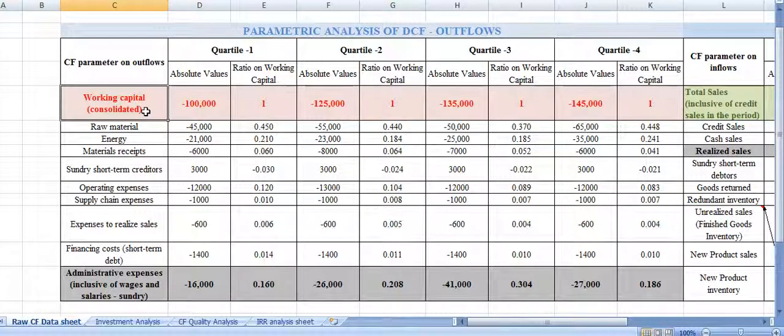Now I come back to the statement. The statement is consolidated, primarily because in a typical fund flow analysis, there are some components which might not make their way to the fund flow statement, like expenses to realize sales and the operating supply chain expenses.